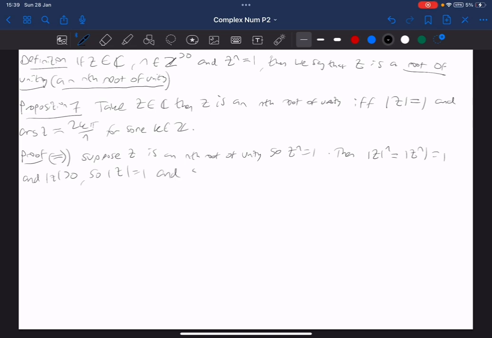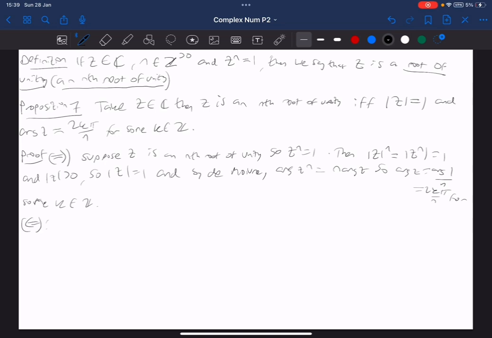And by what we ended with last lecture with De Moivre, the argument of z to the power of n is n times the argument of z, so the argument of z is just the argument of 1 over n, which we know is just 2k pi over n for some k in the integers.